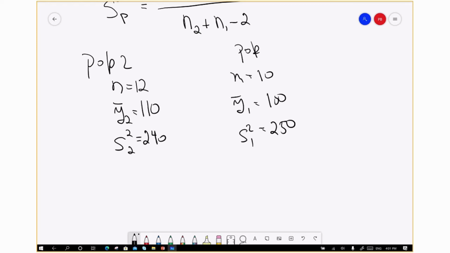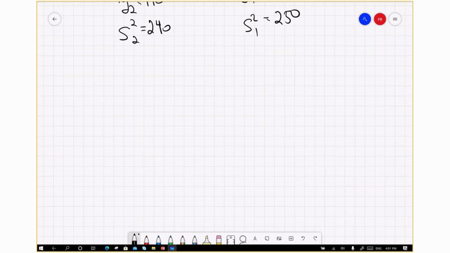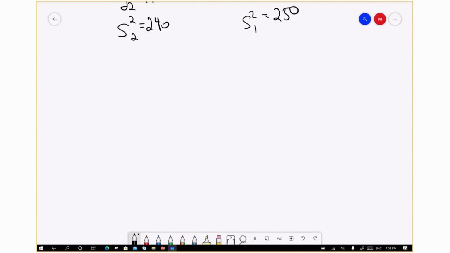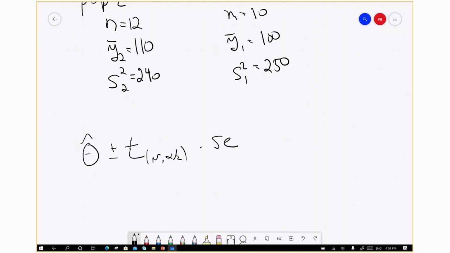So, what's our formula for the 95% confidence interval for the difference between two means when the population variance is unknown? It's theta hat plus or minus t sub alpha over 2 times the standard error. So what's theta hat? Theta hat is going to be y2 bar minus y1 bar, so that's going to be equal to 10.